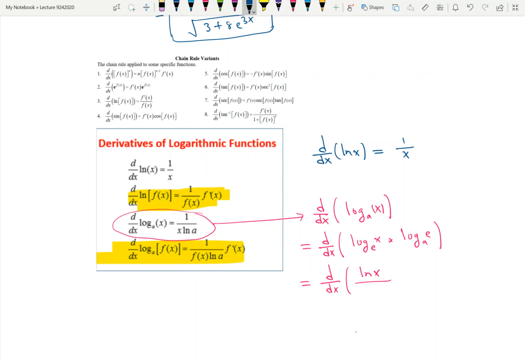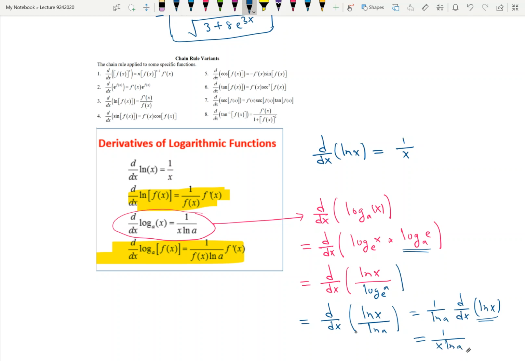And this part becomes 1 over log of e to the power a. Okay, so d dx of ln of x, and since this is base e, we can write this one as ln a, and ln of a is a constant, so 1 over ln of a times d dx of ln of x, and if you take the derivative of ln of x, it is 1 over x, and finally you will get 1 over x ln of a.